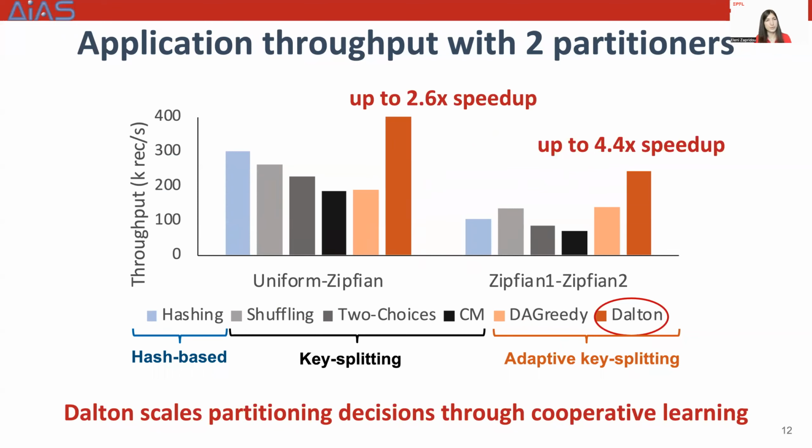What we can observe here is that Dalton manages to outperform existing approaches and gives up to 4.4x speedup due to its ability to coordinate all the partitioners and derive a global policy that balances the load for the whole system.